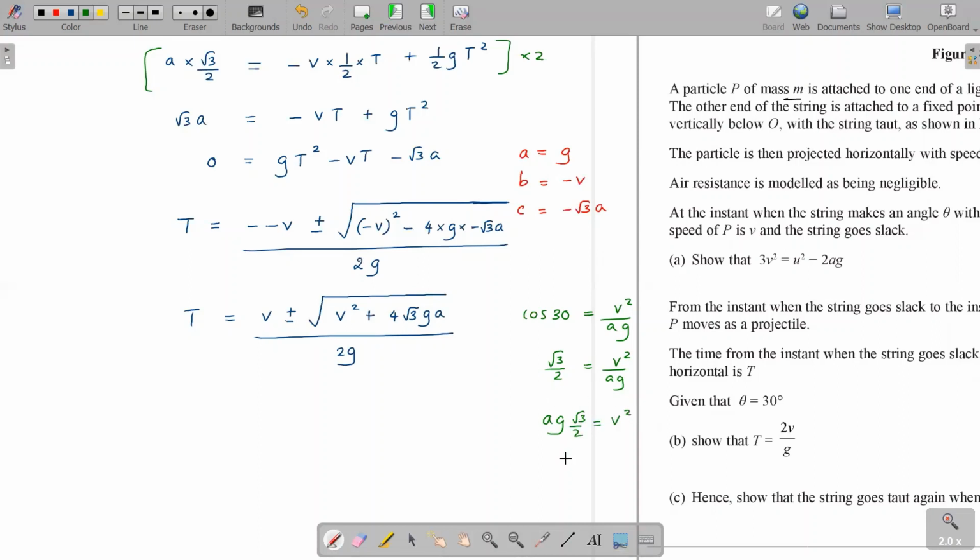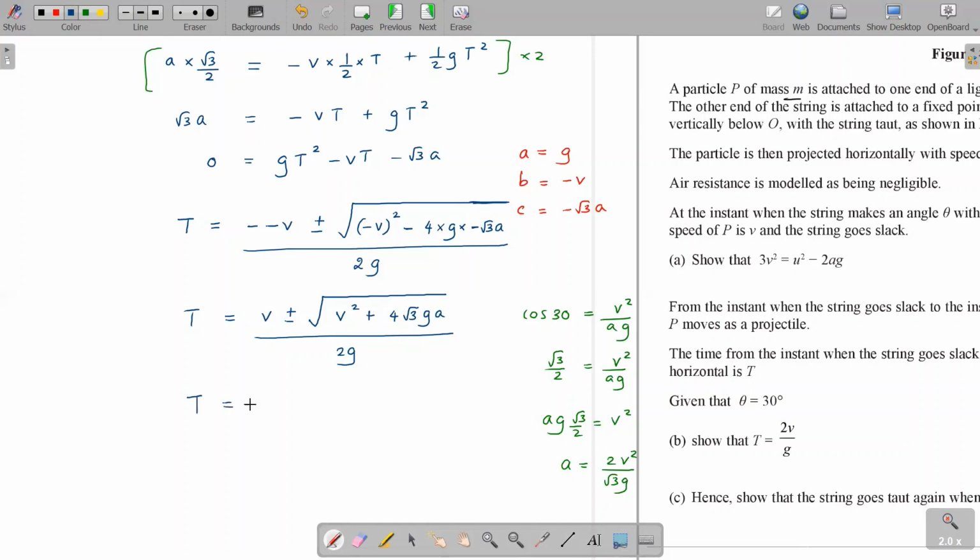So if I bring a up, ag times root 3 over 2 equals v square. Do you agree with my working? I'm trying to get a as the subject, because I don't need a. So a equals 2v square over root 3g. Or you could make both a and g the subject, because you can see both a and g here. Actually, we have all three: root 3ga is there. So you could directly substitute root 3ga as 2v square.